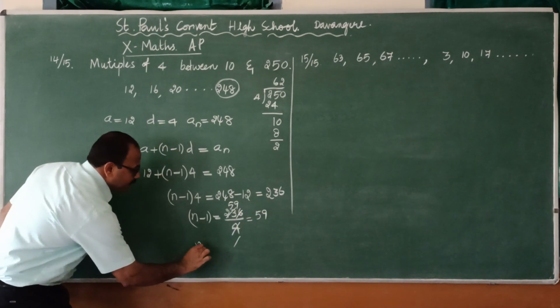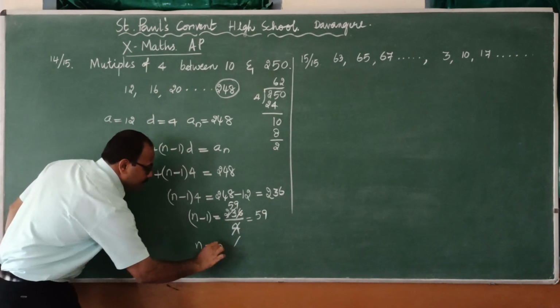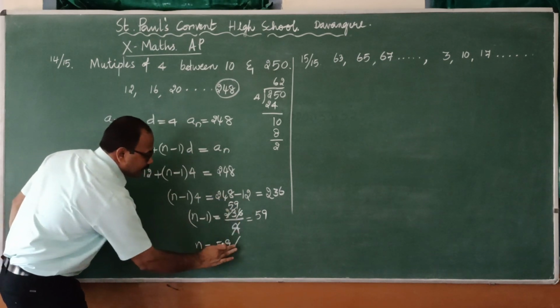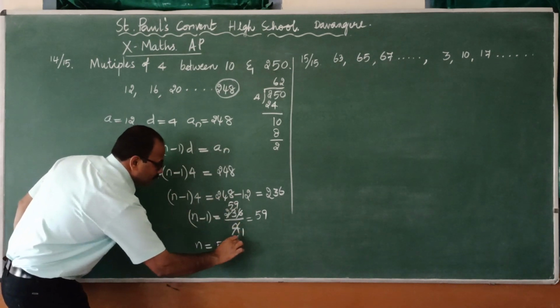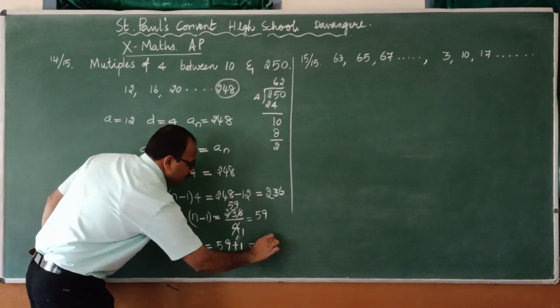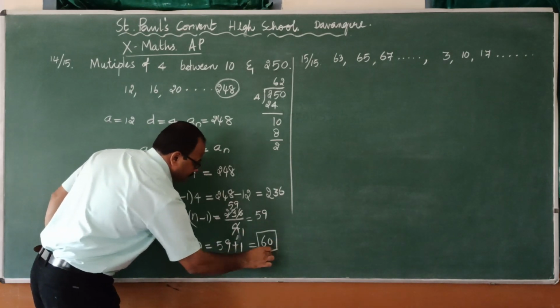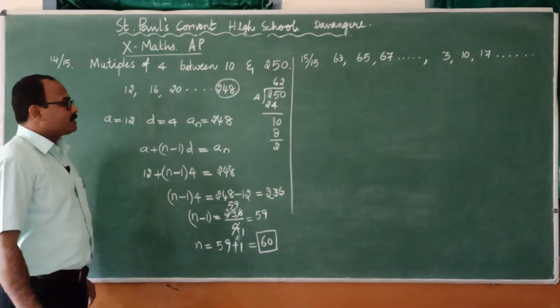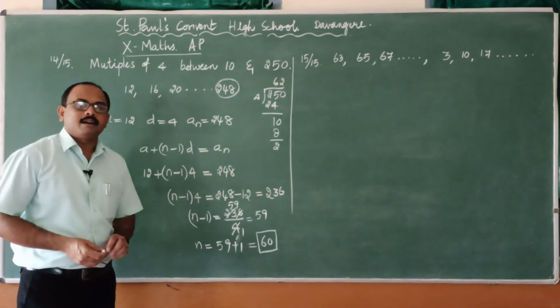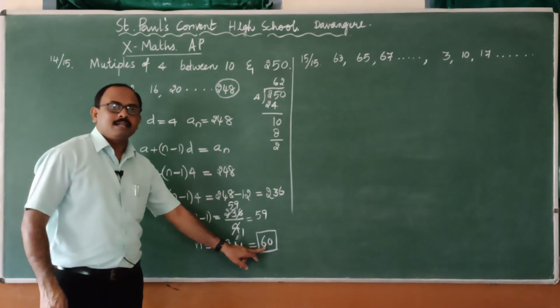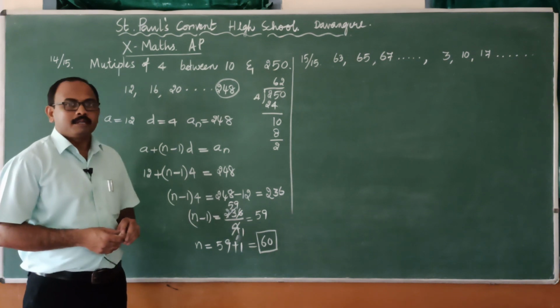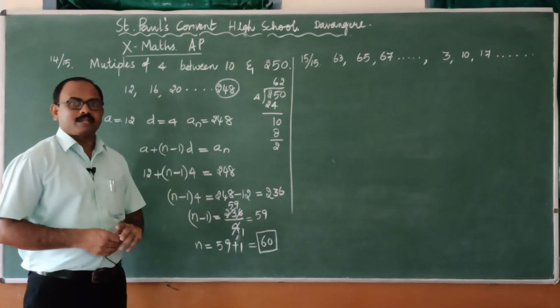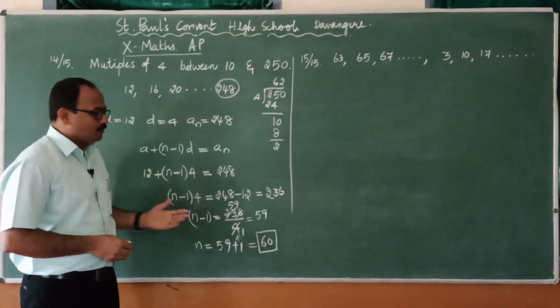Now, n will be equal to 59 plus 1 transposed, therefore n will be equal to 60. Therefore, our answer becomes, children, there are 60 multiples of 4 between 10 and 250. This is how we calculate, children.